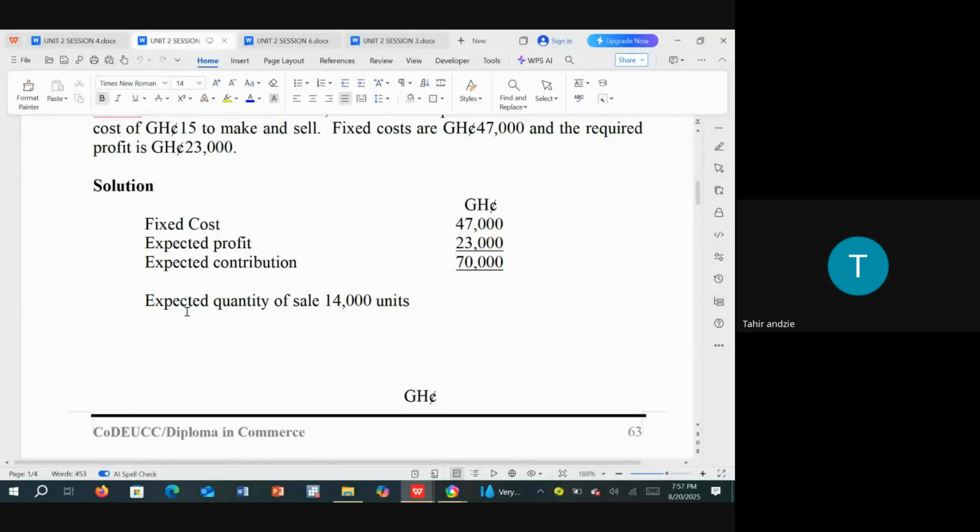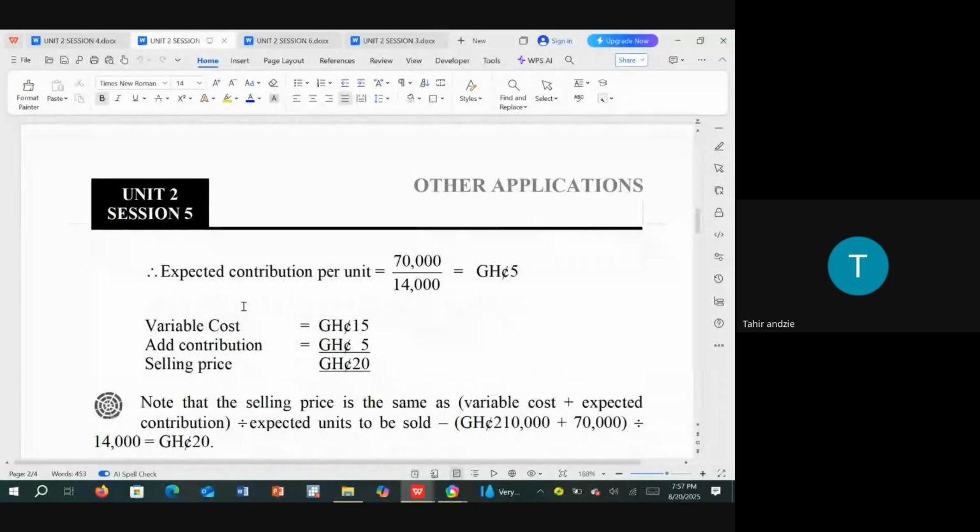Therefore, the expected output of sales is 14,000. Our expected contribution per unit will be the 70,000 here divided by 14,000, and therefore our contribution per unit is 5. If our variable cost per unit is 15, then our contribution per unit added to the variable cost per unit should give us the selling price.